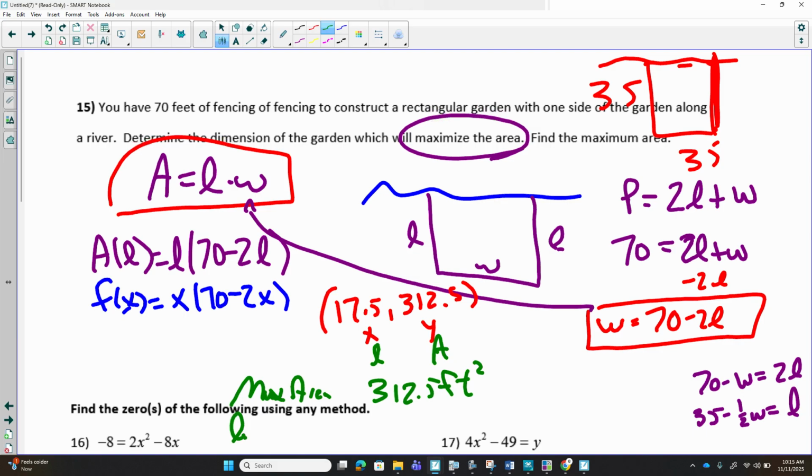So your length is 17.5 feet, and your width, what would your width be? So one way of doing that would be, well, that's 17.5 right here. That's 17.5. You can probably calculate in your head what this is going to be. 35 feet. There you go.